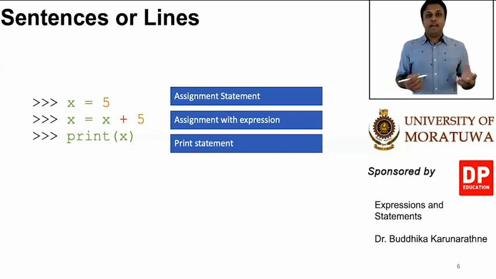Secondly, we also have an assignment statement, but this time with an expression. You see the numeric operator there, which is the addition of value 5 to the variable x. Thirdly, you see a print statement where we ask Python to print the value of variable x to the console.